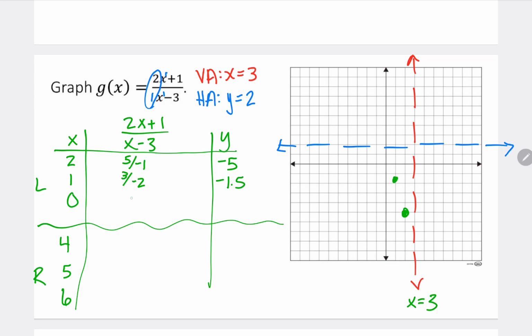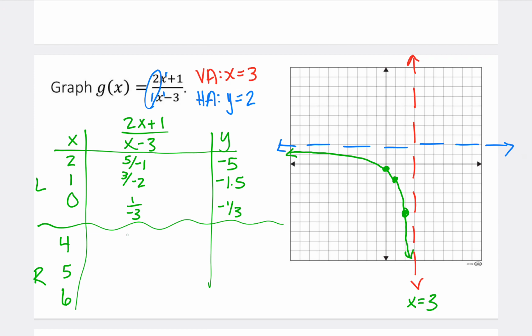And if I plug in 0, I get 1 over -3. So (0, -1/3). And then I'm going to draw this branch of the hyperbola, getting closer and closer to the two asymptotes. But now I need to know what's happening to the right of x equals 3.